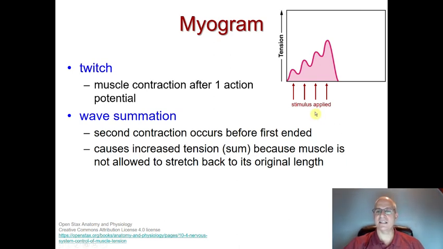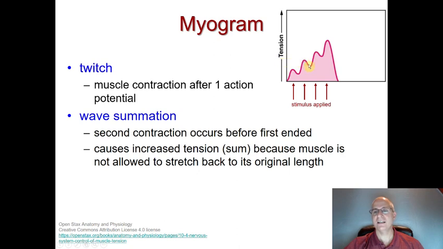So here we can see, it's not exactly the same as the myogram we saw on the last slide, but you get the general idea. Each one of these arrows represents where another stimulus is applied. So you're applying a stimulus here, and you get a contraction. And then you apply another stimulus here before the muscle fiber completely relaxes, and you get another contraction that's actually stronger.